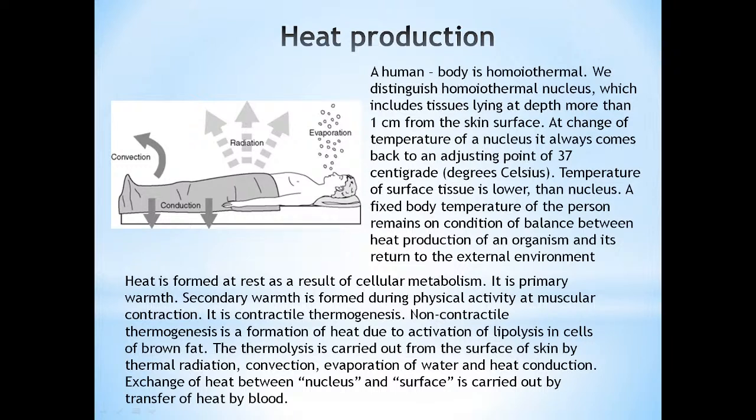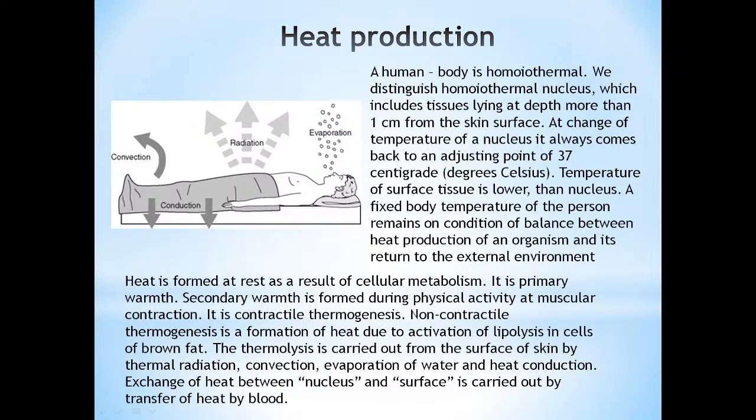Heat is formed as a result of cellular metabolism. It is primary warmth. Secondary warmth is formed during physical activity at muscular contraction. It is contractile thermogenesis. Non-contractile thermogenesis is the formation of heat connected to activation of lipolysis in cells of brown fat.